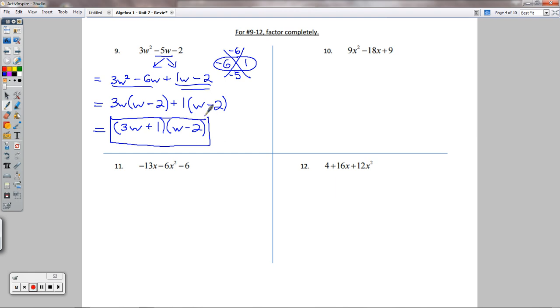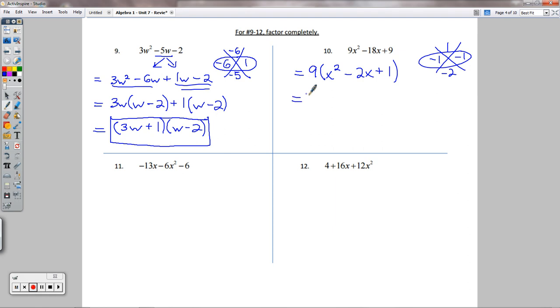We're just factoring completely. So there's no GCF I can take out of either one of those. I didn't forget it at the beginning. We're good to go. Here there's a GCF though. You can take a 9 out of each term there. So 9 and then x squared minus 2x plus 1. And if you factor this part here, if it's just a 1 in front here, then you're just thinking, okay, this would be negative 1, negative 1.